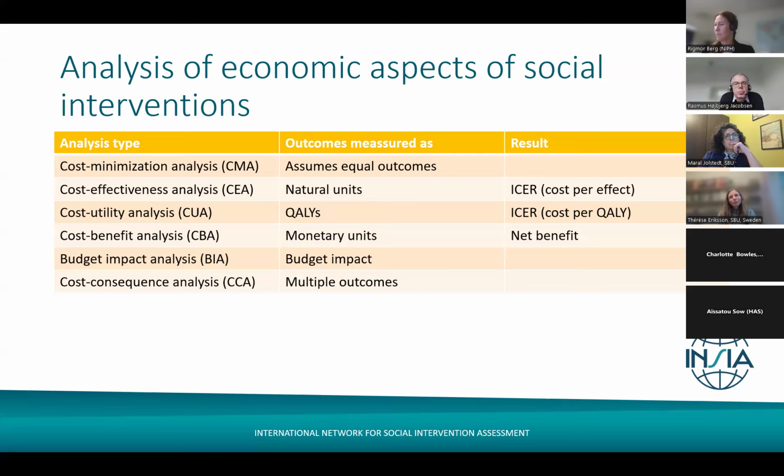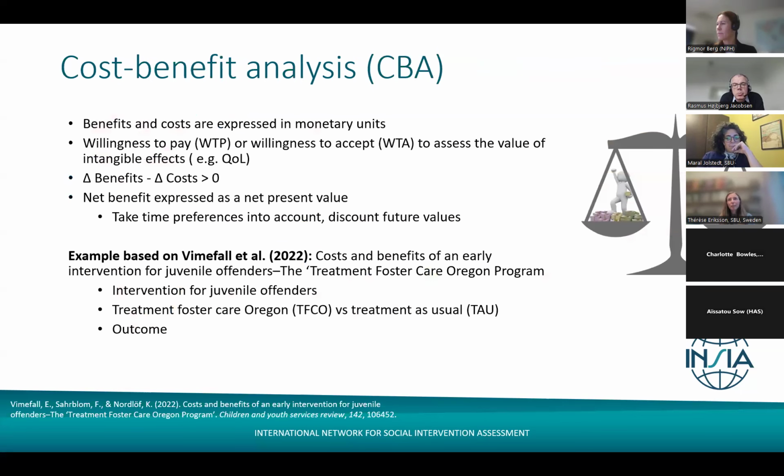But there are different types of analysis that you can apply. Today I'm going to tell you more about cost effectiveness analysis, cost utility analysis and cost benefit analysis. And I will come back to the other types later on.